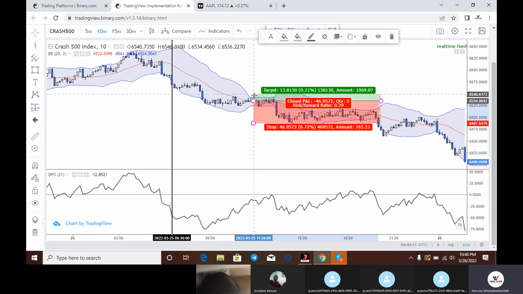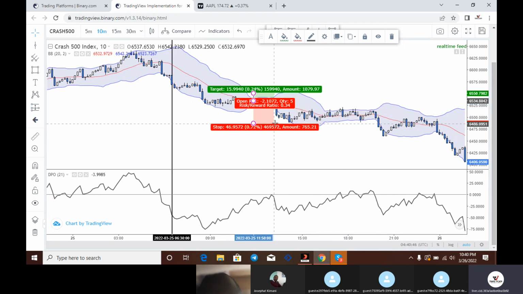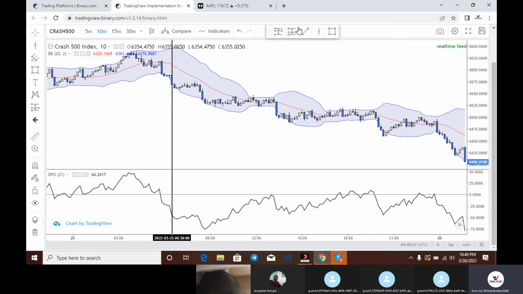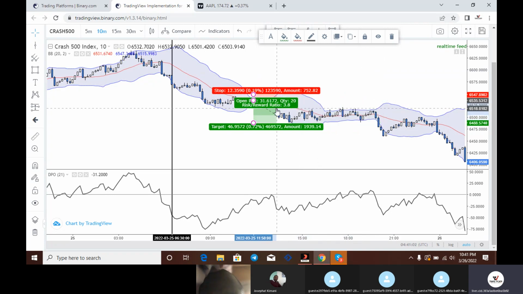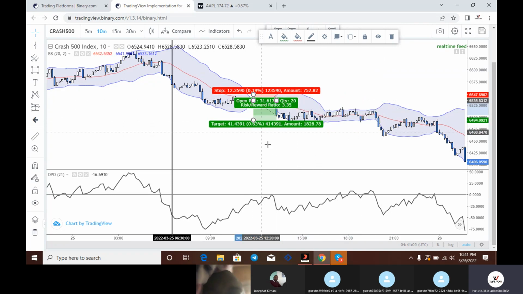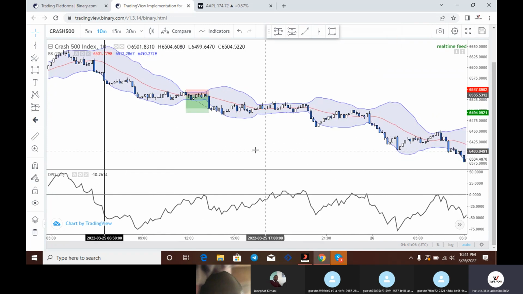Let's keep going. 1:3 was hit here. Sorry, this was a short position. We had our bearish confirmation here. Okay, so we did hit a 1:3. Let's look for another opportunity.